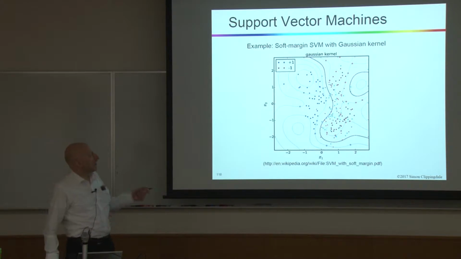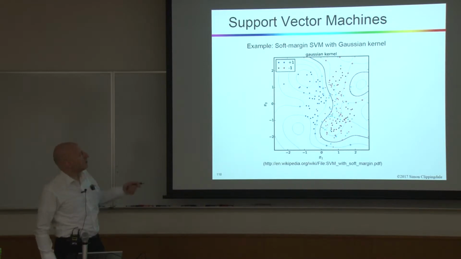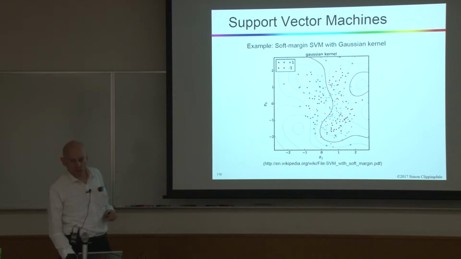So by allowing wrong classifications and allowing data points to leak into the margin area, we can end up with a relatively smooth boundary, whereas if you were to try to fit this data to get a lower error, you might end up with a much nastier boundary.